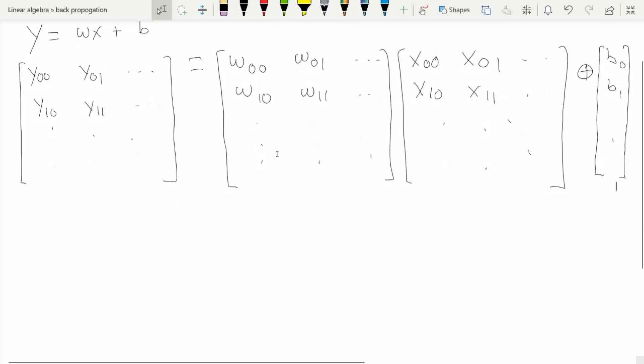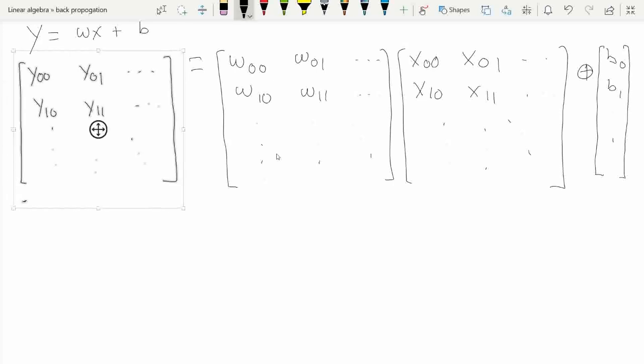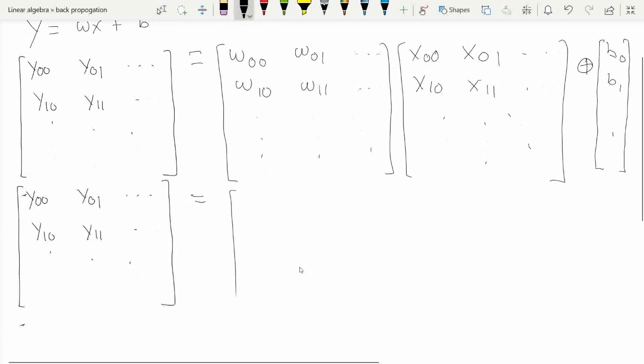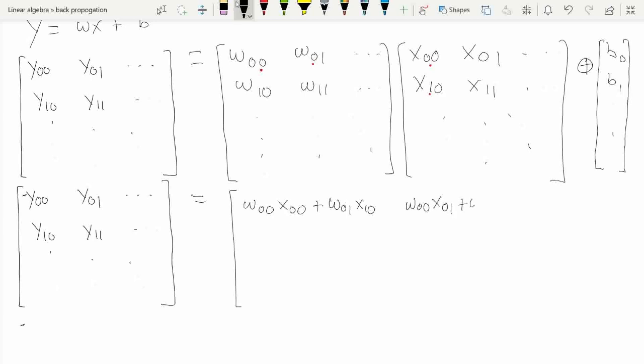So if, like we did before, we do the matrix multiplication, it's going to be equal to W 0 0 times X 0 0 plus W 0 1 times X 1 0, and so on, and then W 0 0 times X 0 1 plus W 0 1 times X 1 1, plus dot dot dot, and so on.